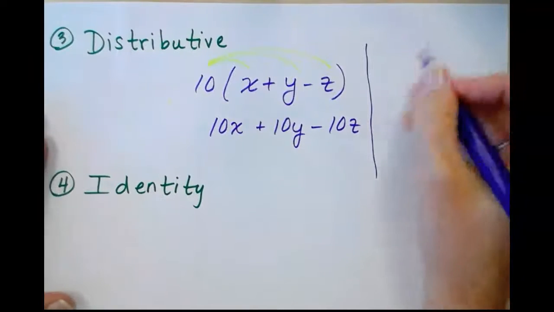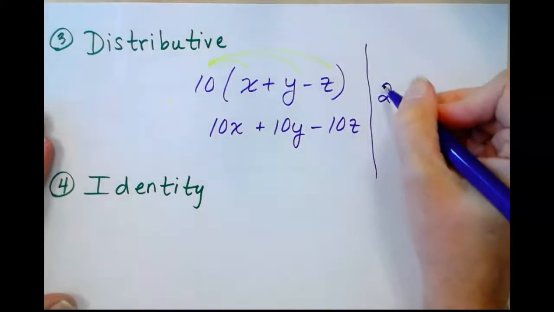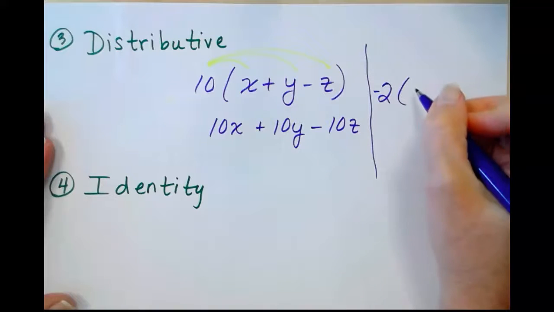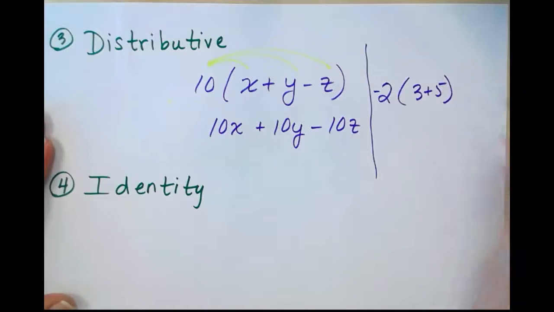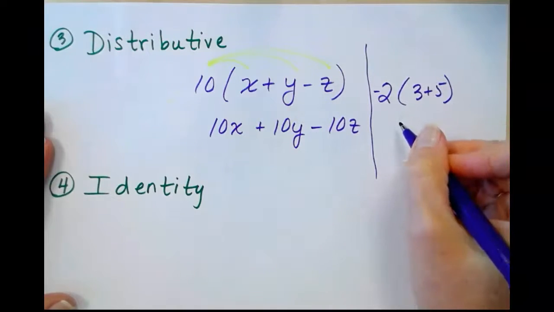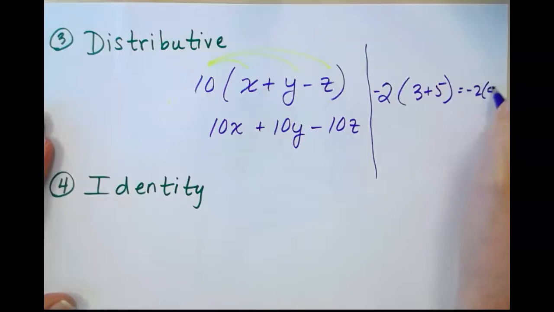So just one other quick example. If we have negative 2 times 3 plus 5, obviously this means the same thing as negative 2 times 8 by order of operations, which is negative 16.